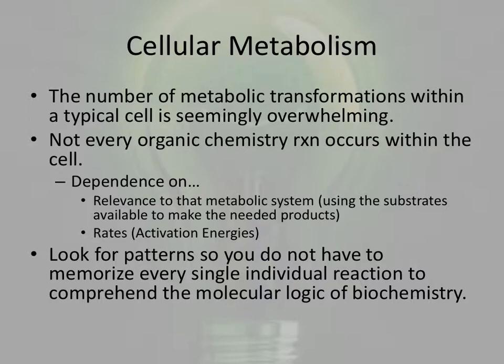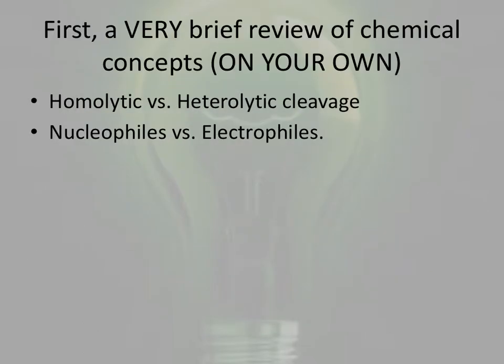On your own, since this is material from Gen Chem or early organic chemistry, I want you to review what homolytic versus heterolytic cleavage means. Homolytic means that when the bond between the two atoms breaks, one electron goes to each parent atom. With heterolytic, one parent atom takes both electrons, so you get something negatively charged and something positively charged. Also review what a nucleophile is versus an electrophile. What must all nucleophiles have?